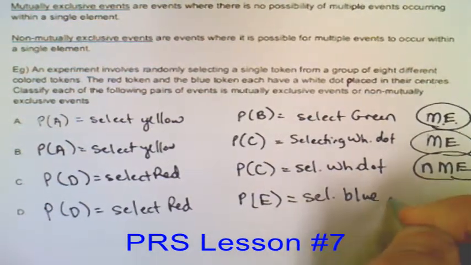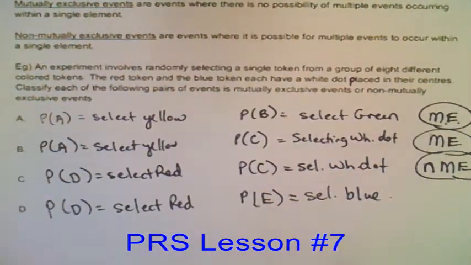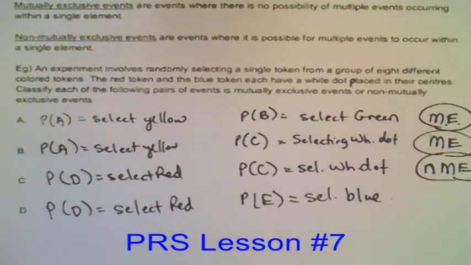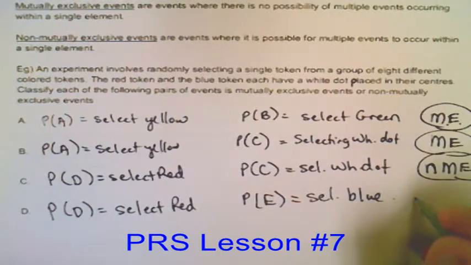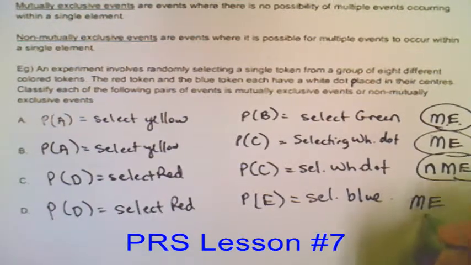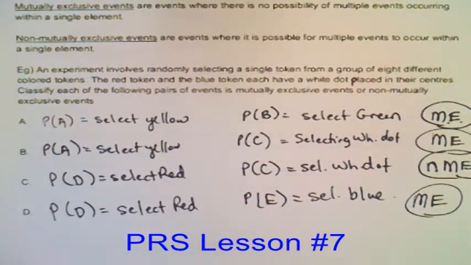It doesn't have to do anything with the red, though. Probability of selecting a red, and if I say the probability of event E is selecting a blue, they both share the white dot, but neither one of the events is concerned with the white dot. I can't select a token that is both red and blue at the same time.